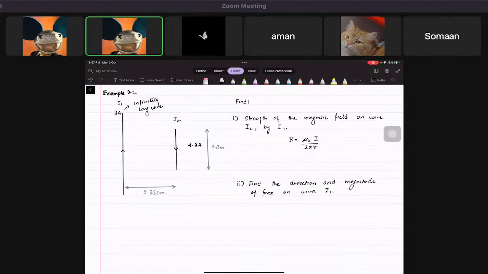And in the third part they say, on the figure draw the direction of force acting on I1, I2, sorry, I2 by I1.